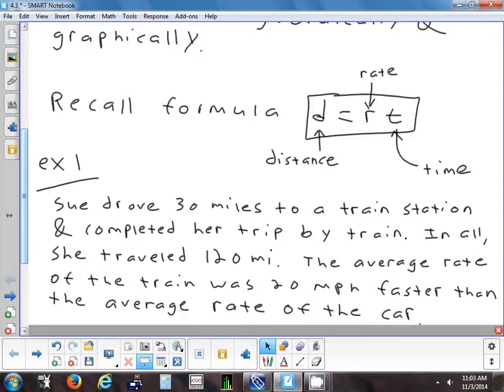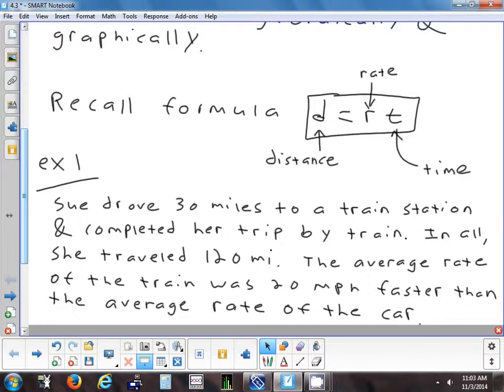And now the train is 20 miles per hour faster than that. So what would the speed of the train be? It won't be a number. It's going to be a variable expression. Is it x plus 20? x plus 20, yeah. Okay, so the train is going to be x plus 20.